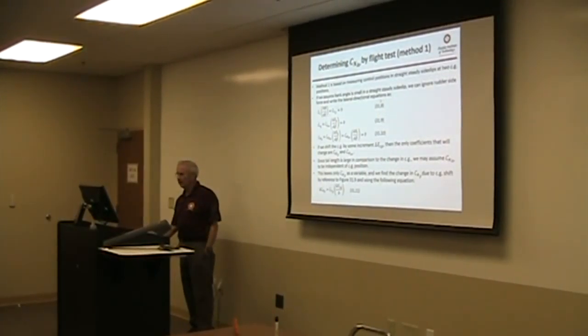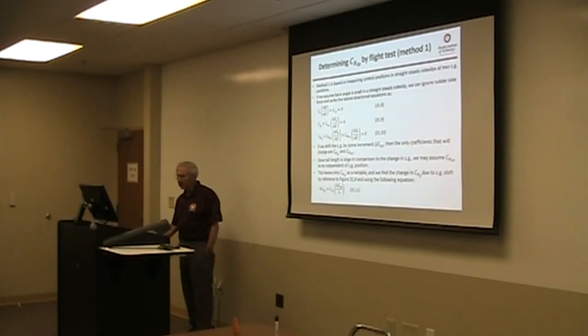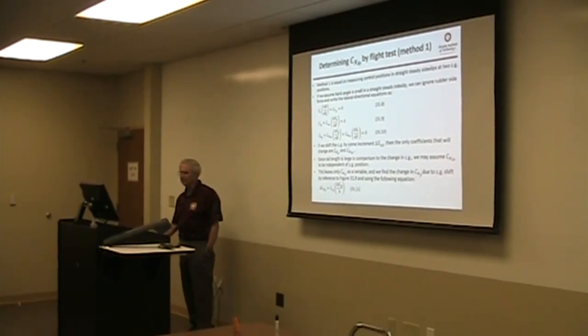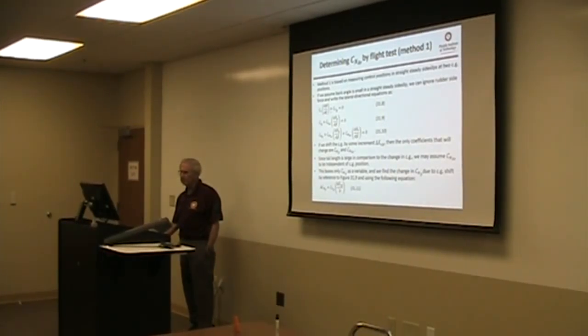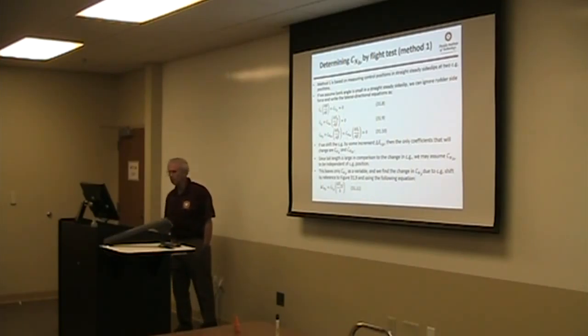And if we assume the bank angle is small in a straight, steady side slip, we can ignore the rudder side force and write the lateral directional equations as lift coefficient times the bank angle with side slip plus Cy beta, the side force due to side slip, and that equals 0.